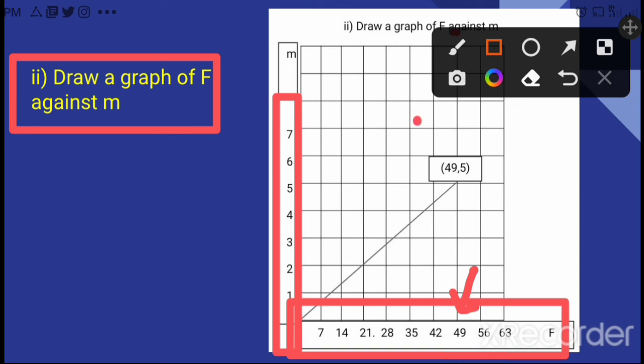We will draw a line, and this line ends at 5 and 49, and this is how we have drawn a graph. I have already mentioned the values of both F and M, which are 49 and 5. This is the graph of our question.